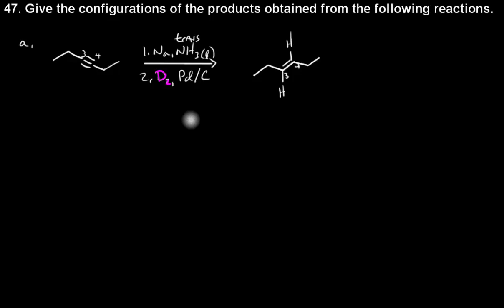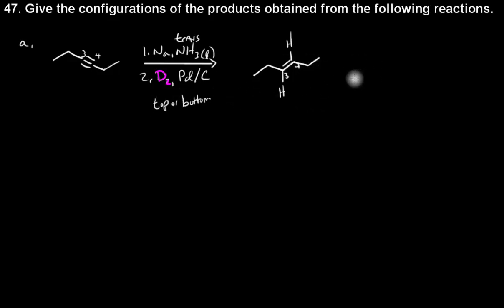Because this is a planar molecule, we can have the addition of D2 either from the top or the addition of D2 from the bottom. So there are two different scenarios here. It may make a difference, it may not, but you need to remember that you can have D2 coming from two different directions.